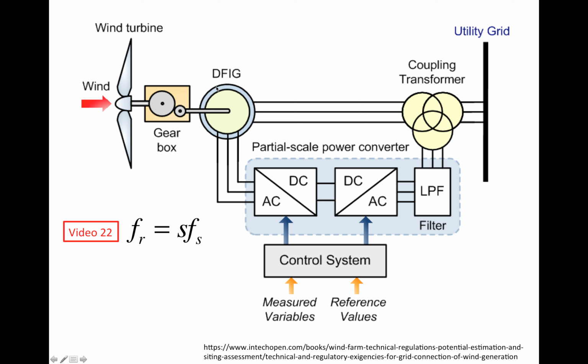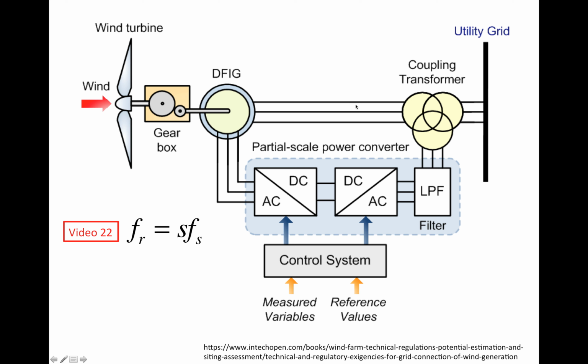The outer circle represents the stator. You have three-phase wiring coming out of the stator, and that wiring is going to be connected with a transformer, and then eventually connected to the utility grid.